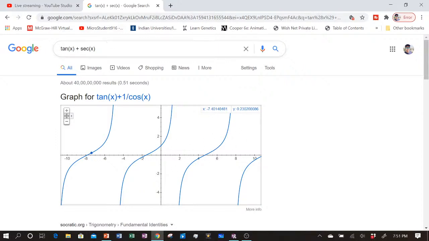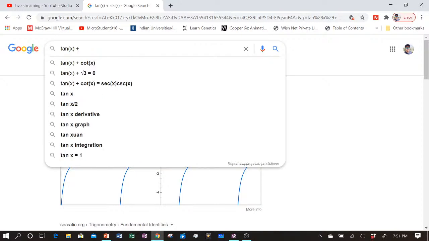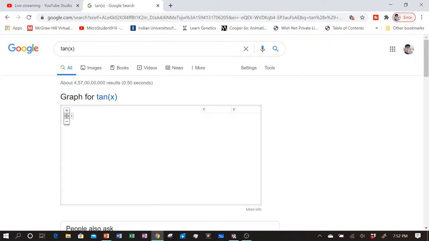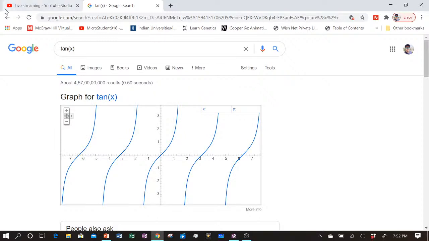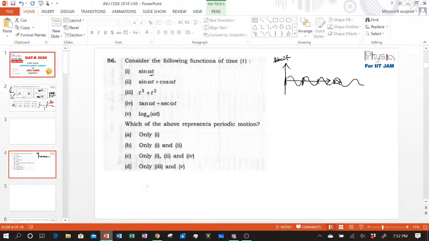If we only consider the graph of tan x, it will give us this, and if we go for tan x plus sec x, it is again almost in the form of tan x, right? So it is again periodic.